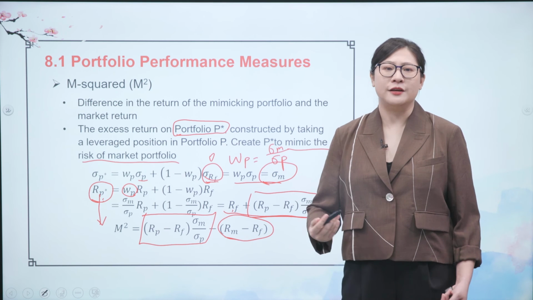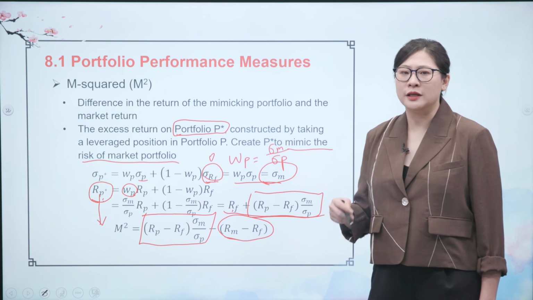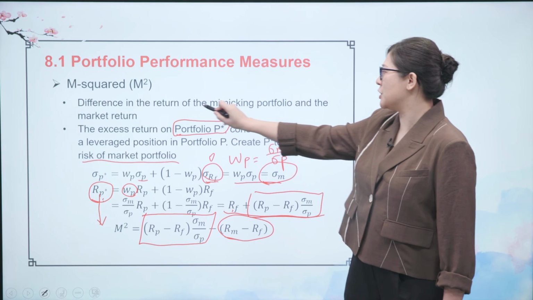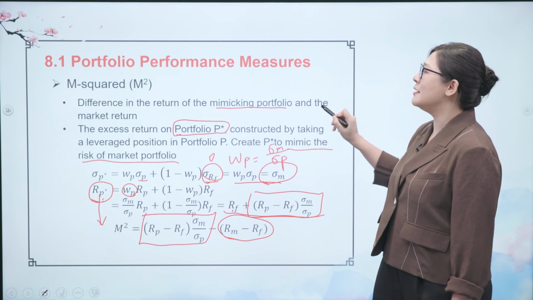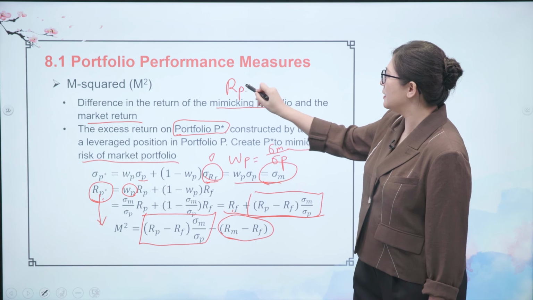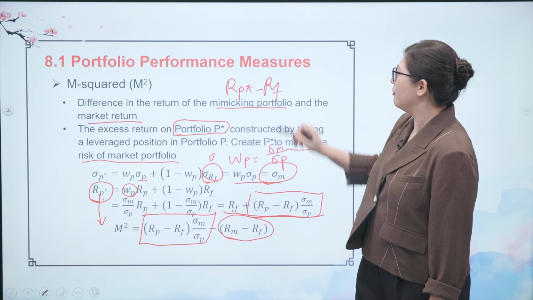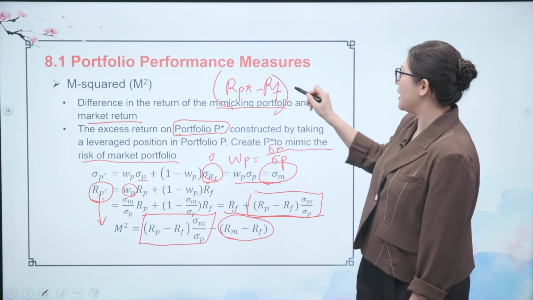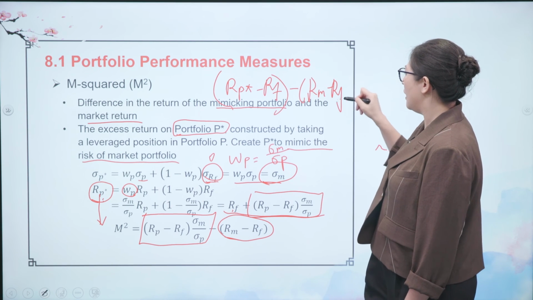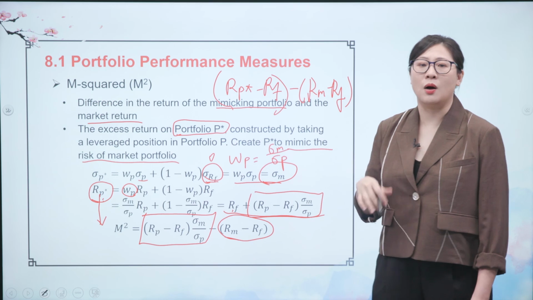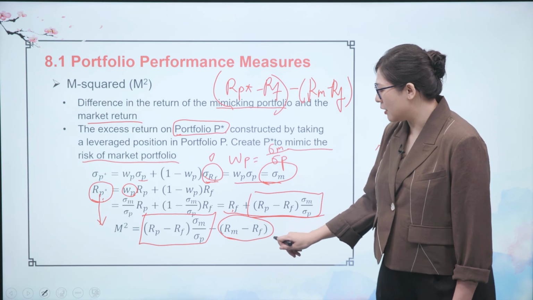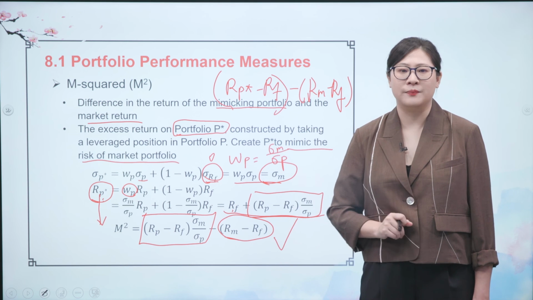So the idea for M-squared is the difference in the return of the mimic portfolio and the market return. That's RP star minus RF, in total, minus RM minus RF. So that's our M-squared. You need to remember the final equation for M-squared.